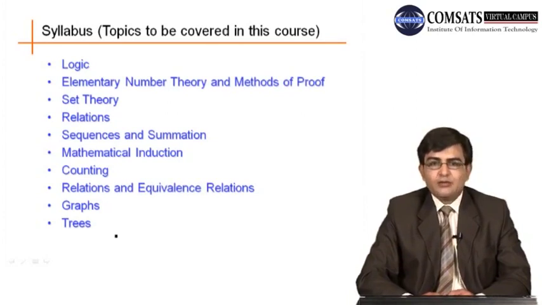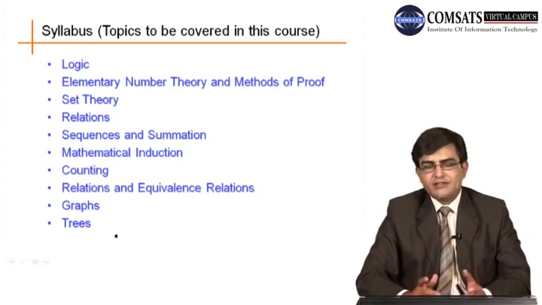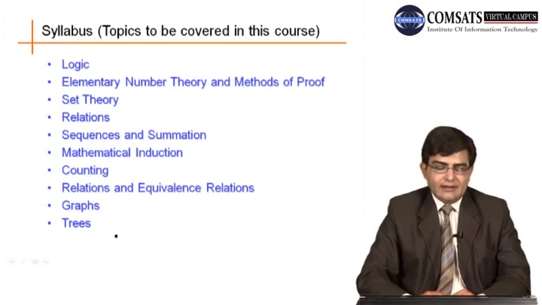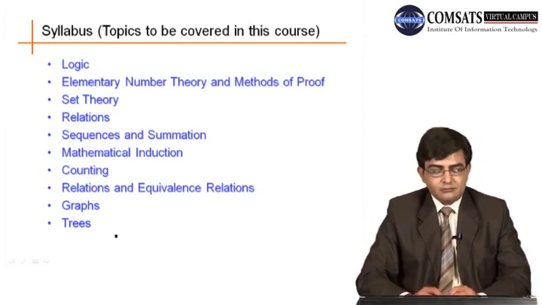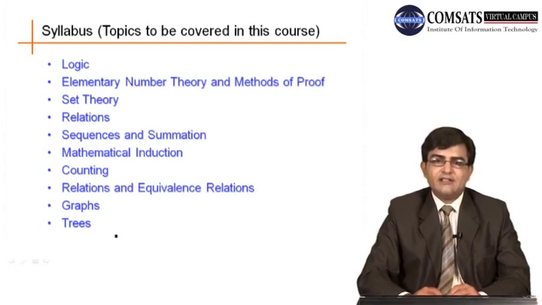We have also discussed counting, what permutations and combinations are, and how to calculate and simplify such mathematics in this course. We have also discussed functions. A function is basically a special type of relation which satisfies certain properties.